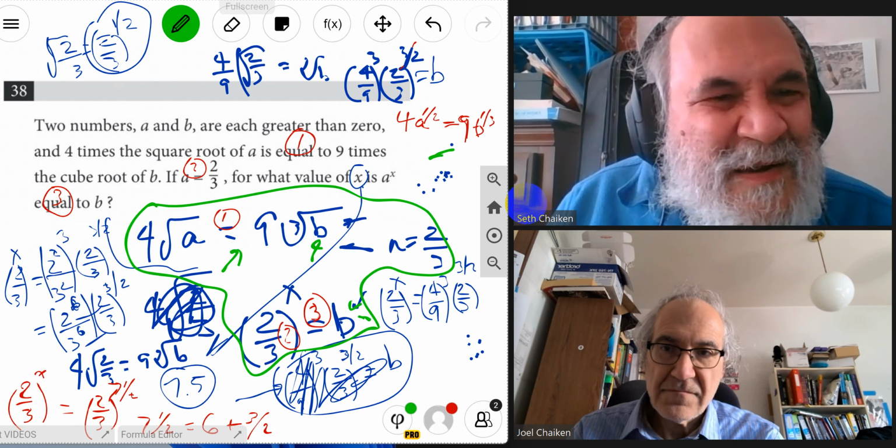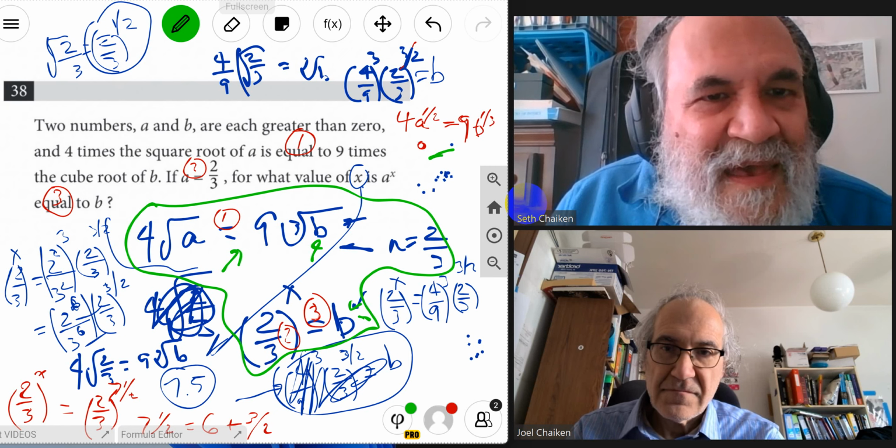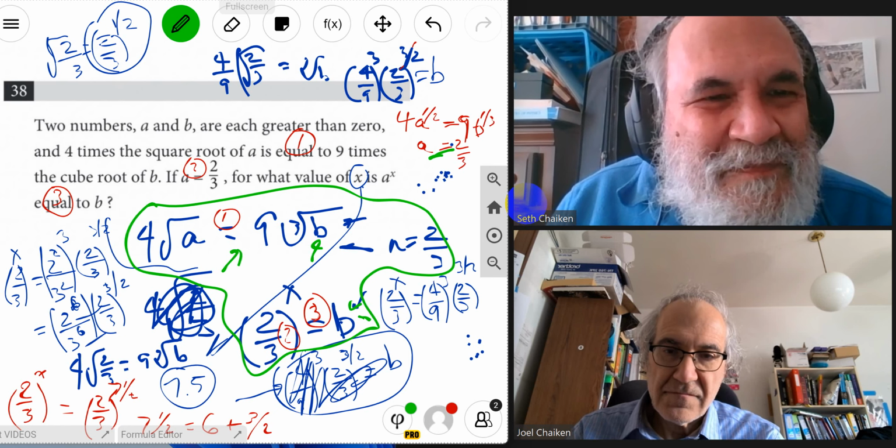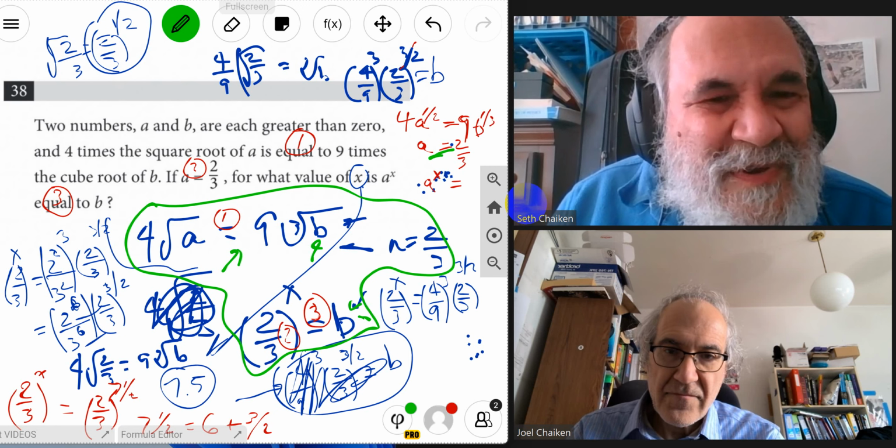I left A there. A equals 2/3. And then A to the X equals B.